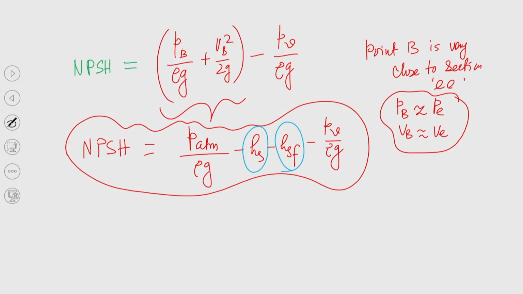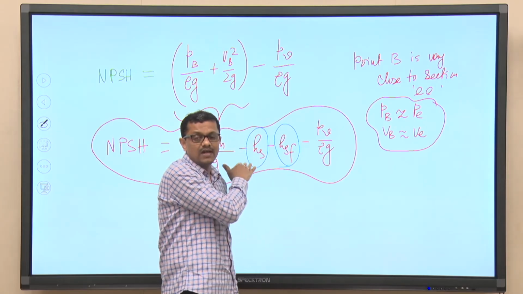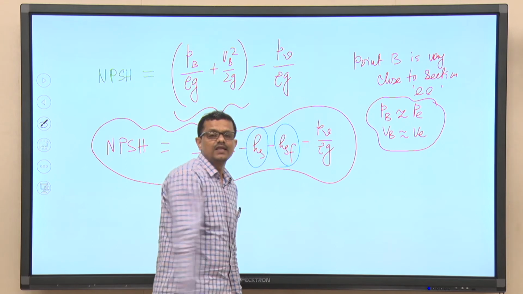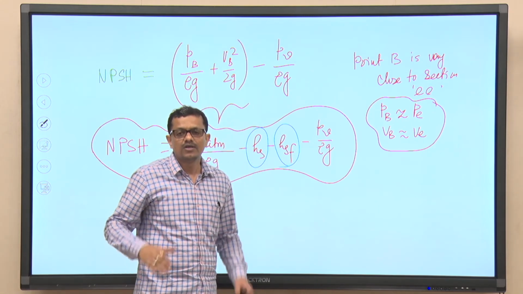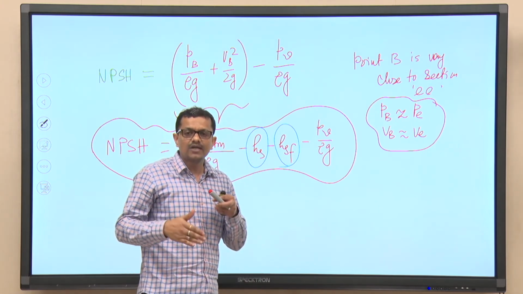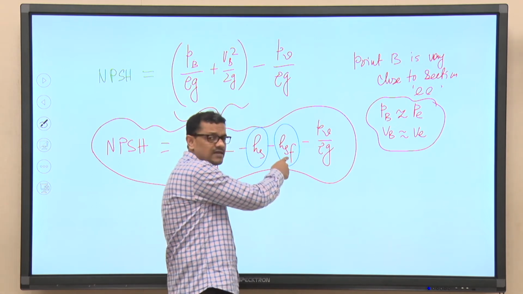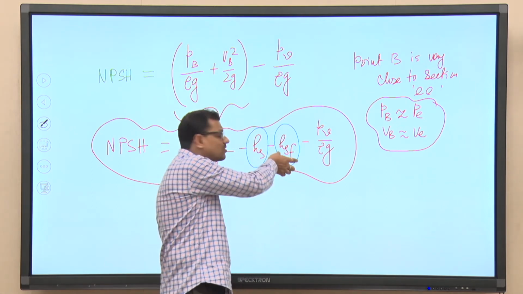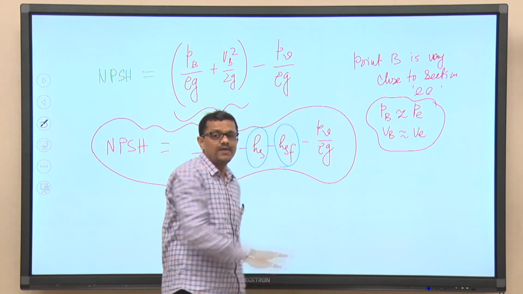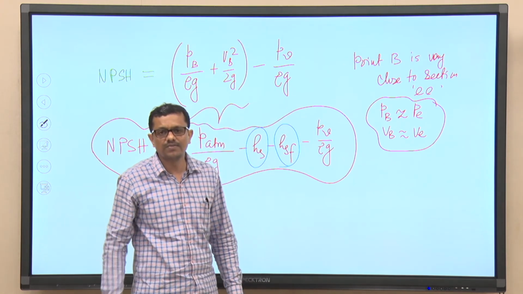So, can't we reduce Hs? If we can make Hs 0, then it is very favorable for the pump operation, and the pump can be operated without cavitation. HSF we cannot make completely 0, because frictional loss will be there.